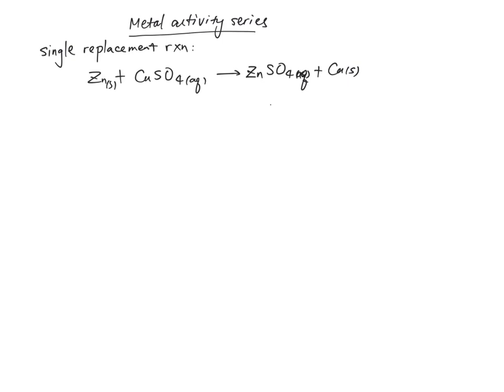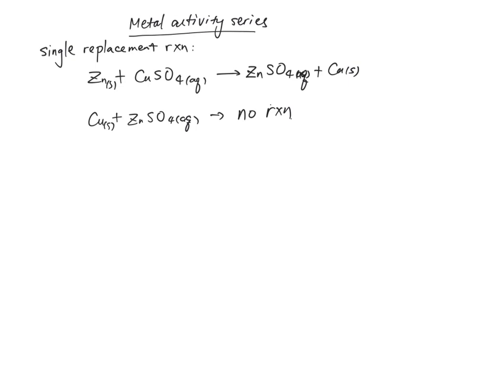Okay, and we know that this reaction does happen, while the reverse reaction, if you put copper metal into a zinc solution, copper won't be dissolved and you won't be able to get zinc metal, and nothing happens, no reaction.